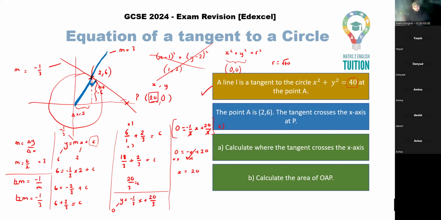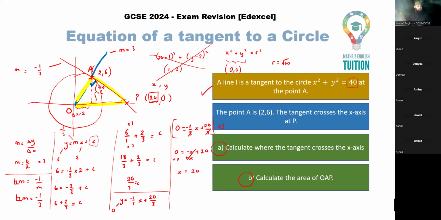Now, once I understand that this is 20, the next question says calculate the area of OAP. So if this is O and this is A and this is P, they want me to calculate the area of this triangle over here. It's not that difficult.